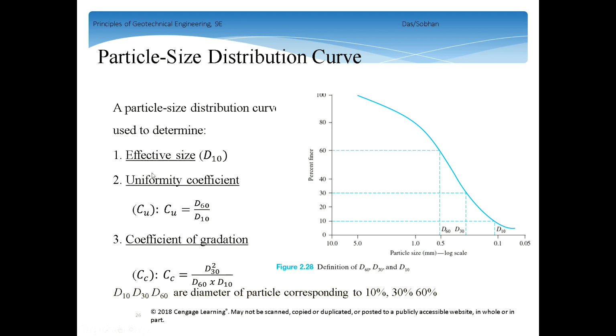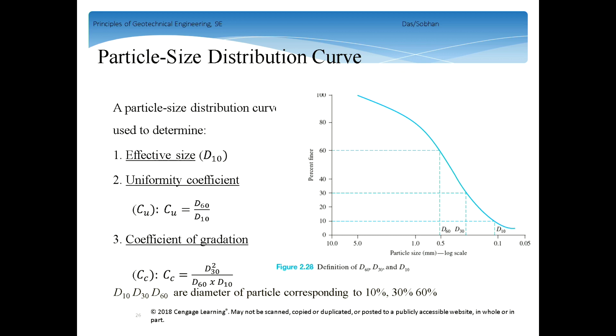The first one is effective size, D10. What's that? The D10 actually tells you the particle size corresponding to 10% on the particle size distribution curve. The same, we can go to D30 and D60.